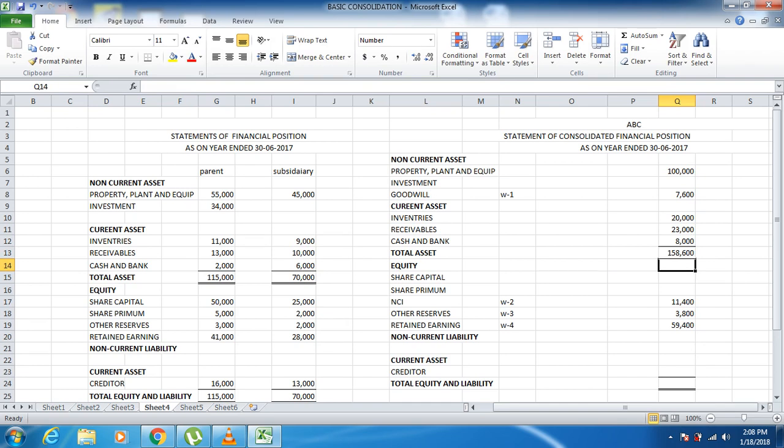Share capital of the parent company, share premium of the parent company, and the amount of creditors.